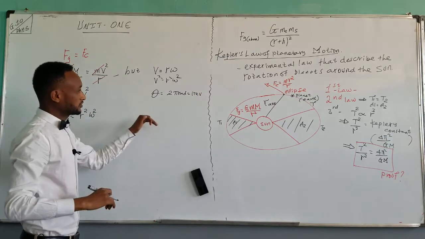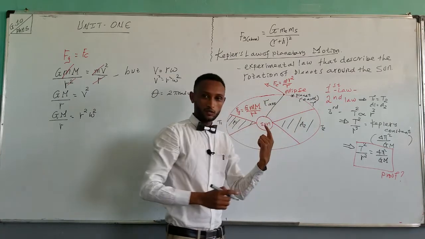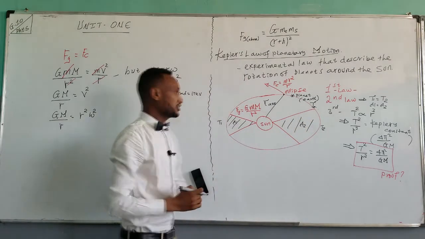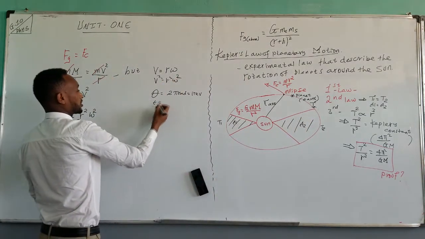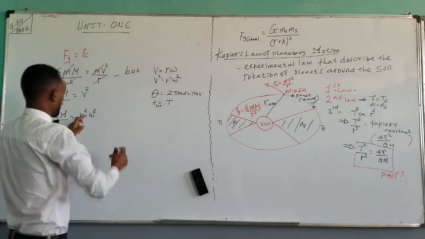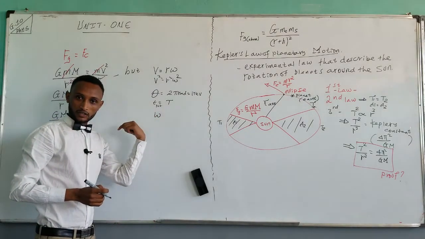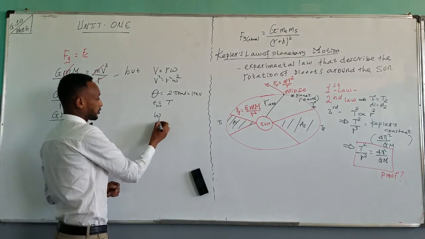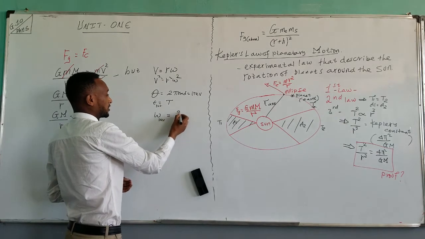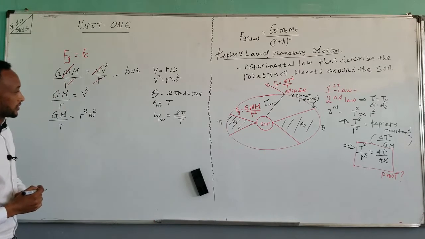While the planet orbits this elliptical path for 1 revolution, it takes a time of rotation, which is called the period T. From this, we get that the angular velocity by which the planet rotates around the sun for 1 complete path is 2 pi over the period T.